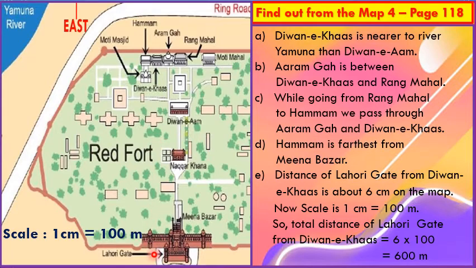Now, the scale is 1 centimeter is 100 meters. So, total distance of Lahori Gate from Diwan-e-Khas is 6 centimeters, that is 6 multiplied by 100, that is 600 meters.